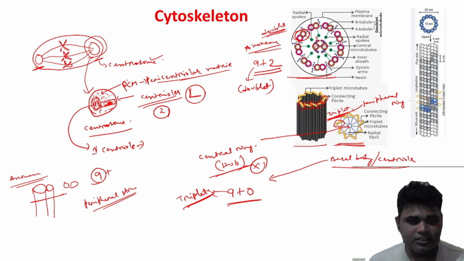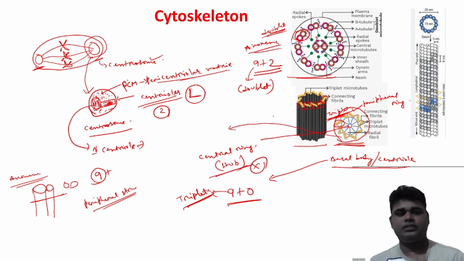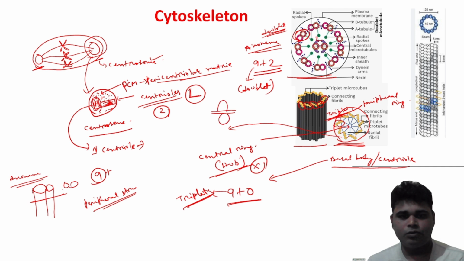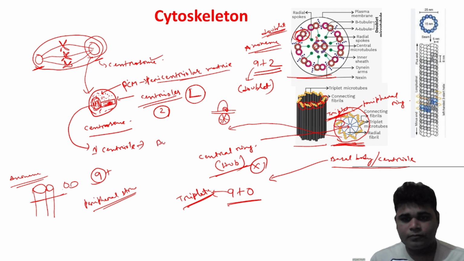Now look at the structure here. It looks like a bullock cart wheel. Let's suppose this is one wheel, and inside it another wheel-like structure. So the centriole also looks the same as a bullock cart wheel structure.